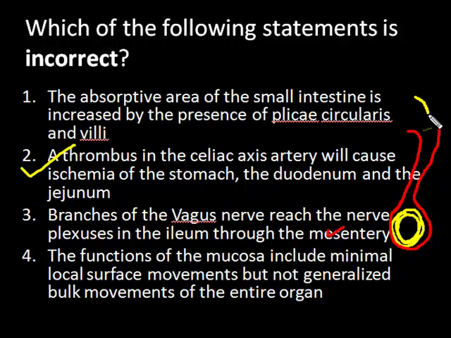The vagus is a nerve which supplies most of the gastrointestinal tract until the right 2/3 of the transverse colon. It comes through the mesentery and then goes to synapse in the myenteric and the Meissner's plexus, which are present: the Meissner's in the submucosa, the myenteric in the muscularis externa. So therefore, this is a true statement.